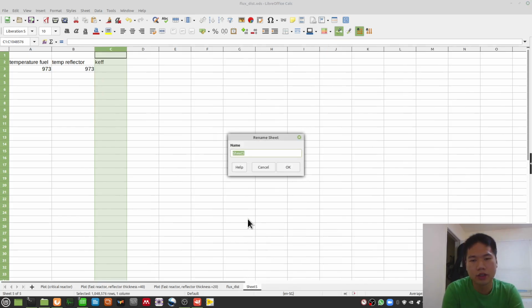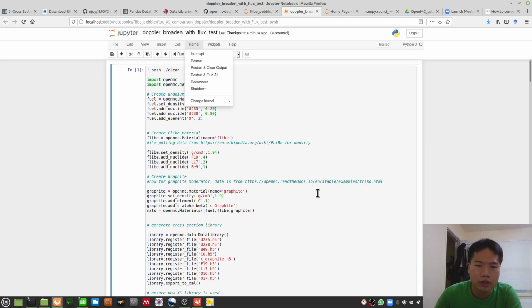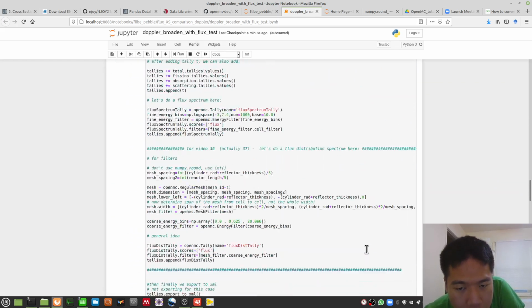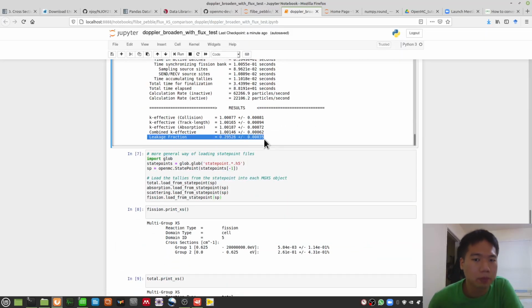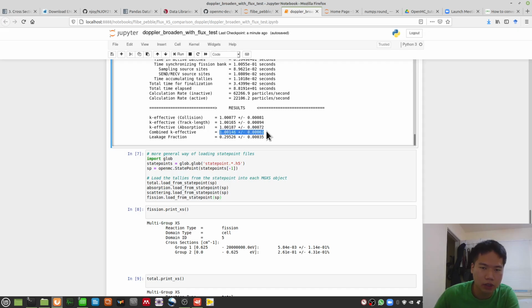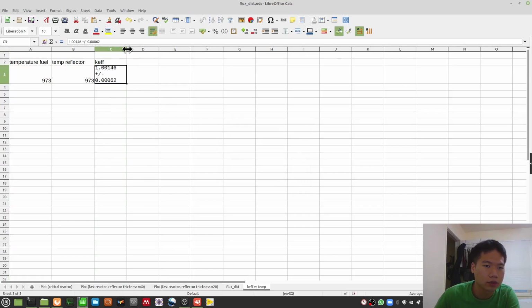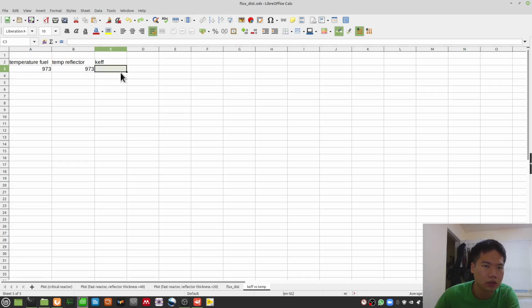So K effective versus temp. That's good. Let me just copy this down. We'll combine K effective of this much. There you go. Oopsie. Unformatted text, thank you. That's better.